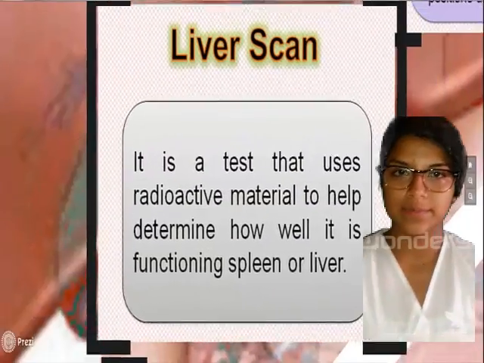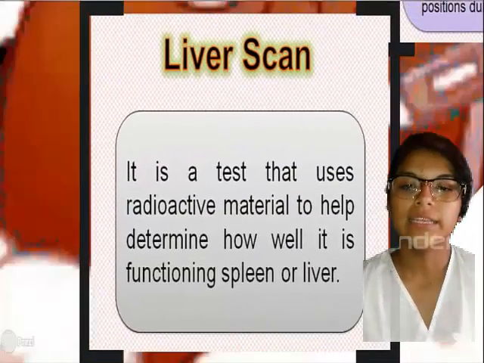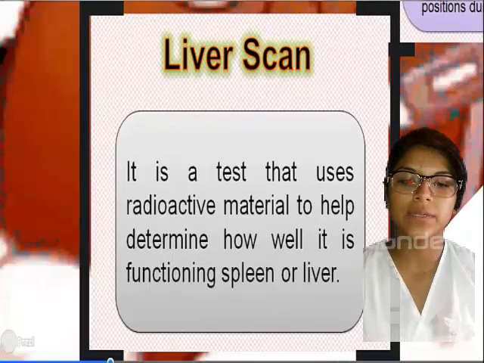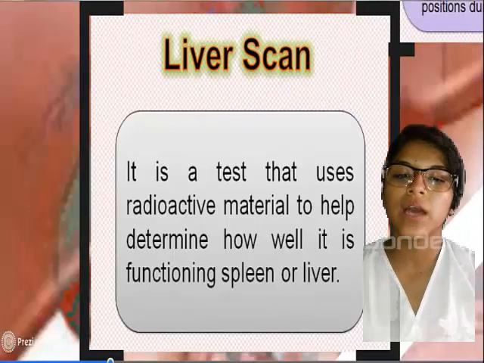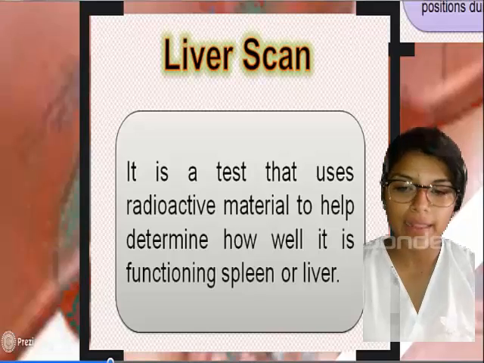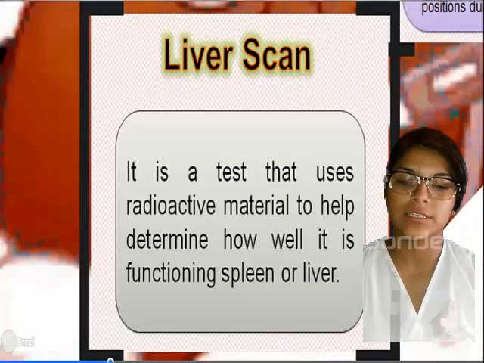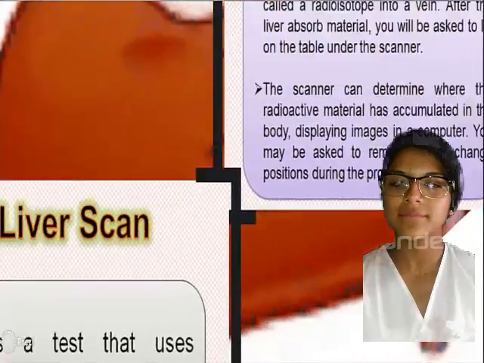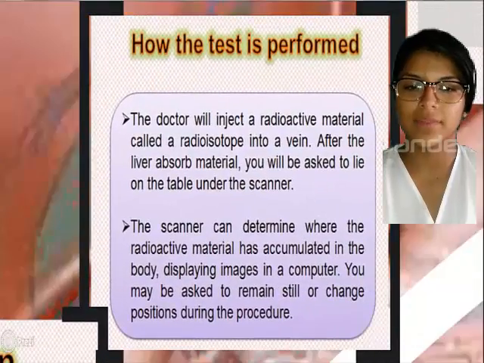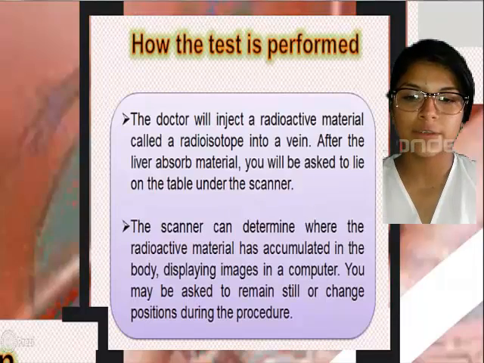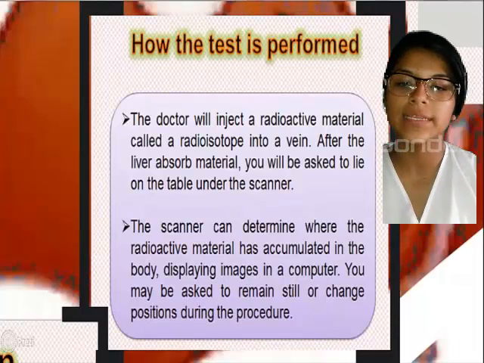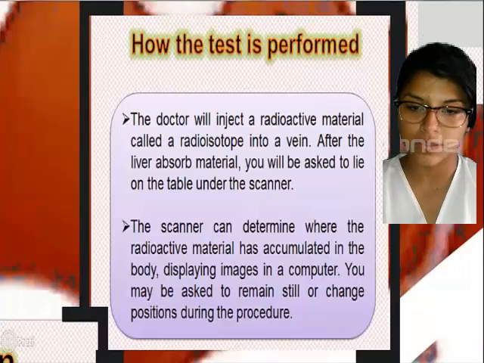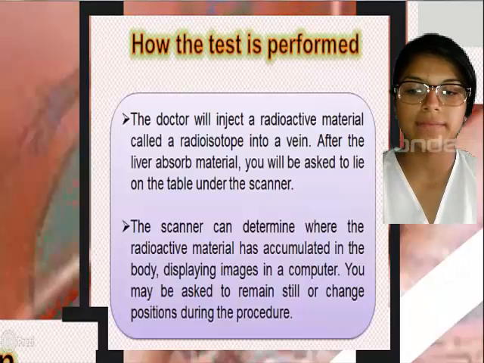Applications in medicine. Liver scan. It is a test that uses radioactive material to help determine how well the spleen or liver is functioning. How the test is performed: the doctor will inject a radioactive material called a radioisotope into a vein.